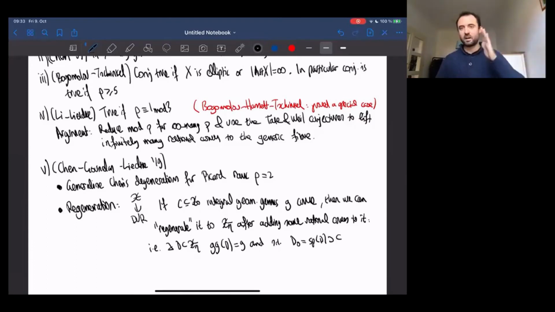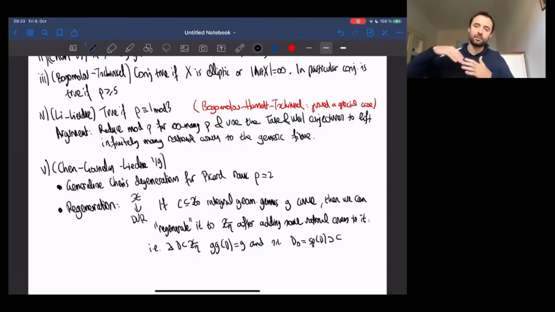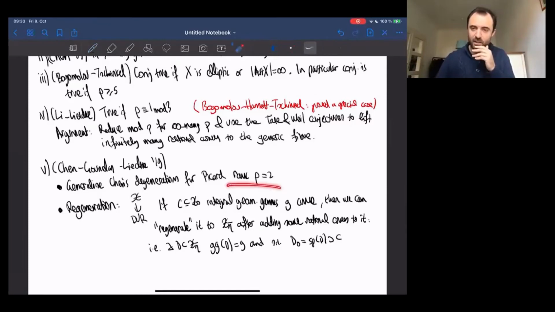So we start with our curve C. Its class may not lift to the generic fiber, but after attaching some rational curves to this, we can build a stable map whose class does lift, and we can deform that curve to some D in the generic fiber, which has the same geometric genus. The whole difficulty here is creating these rational curves that you have to attach to C. And this is precisely what we do in the previous step, the generalization for the rank 2 case.